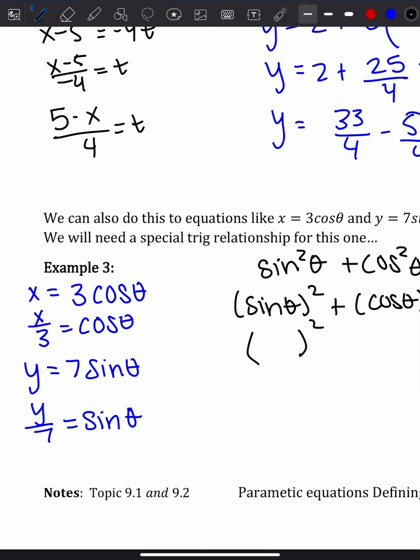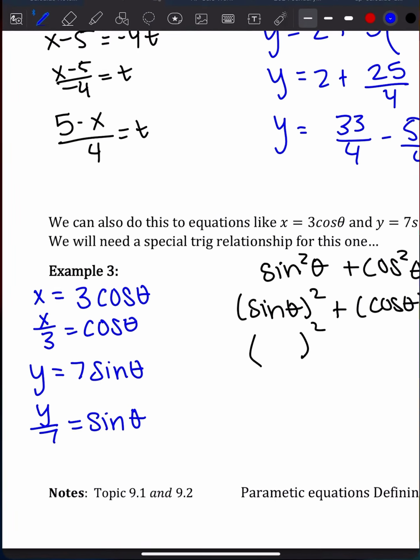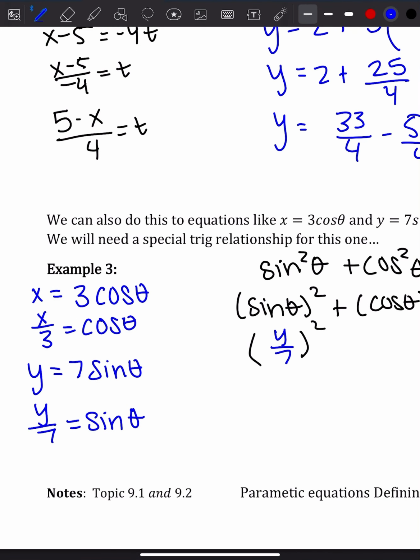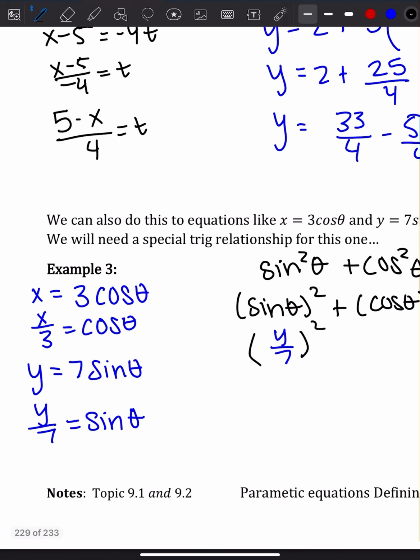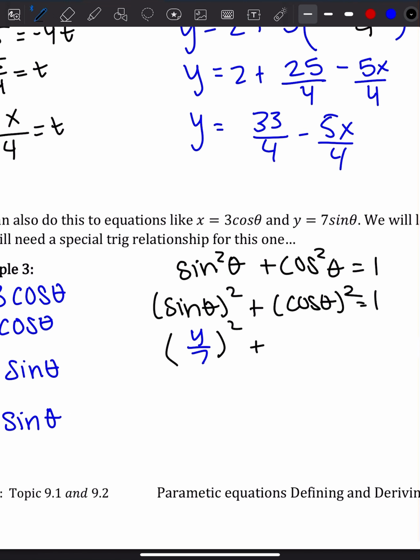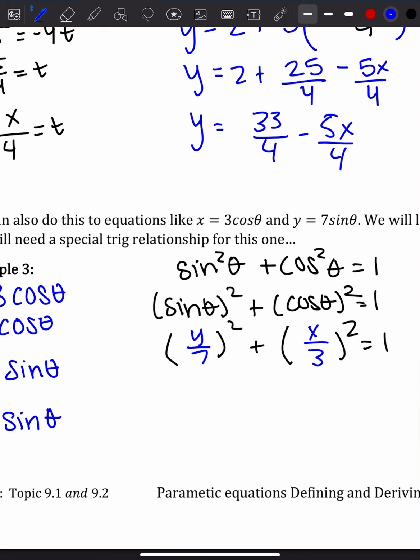So sine squared is y over 7 plus cosine theta squared, which is x over 3. So we have y over 7 squared plus x over 3 squared, and then we may square each of those things.